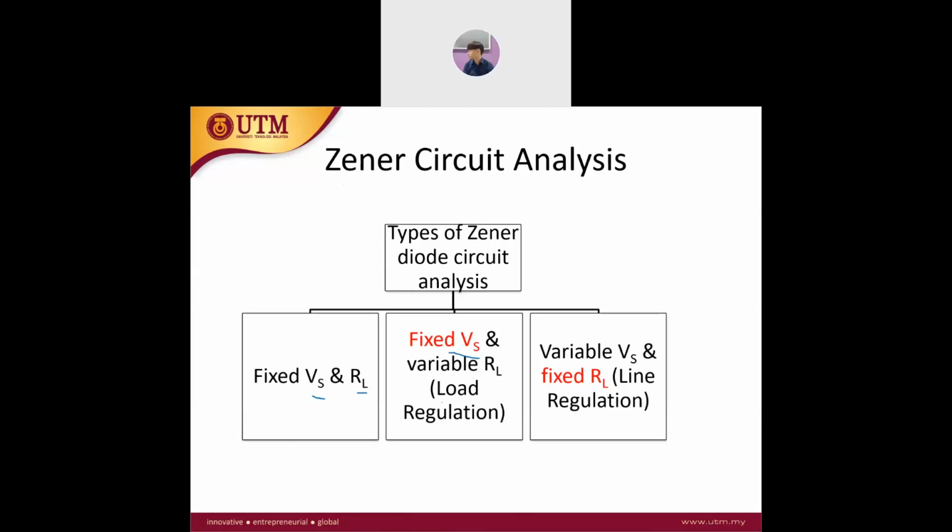This situation is referred to as load regulation, which we cover in this video. Next is the third one where we have variable Vs, meaning Vs is changeable, however with Rs only a fixed value. So this is line regulation. We're not going to cover line regulation today.